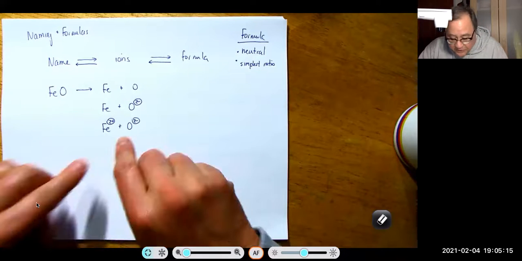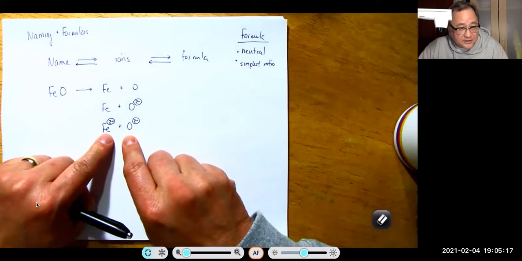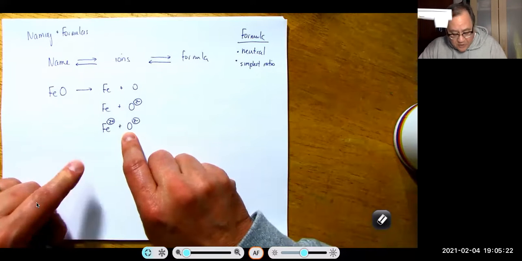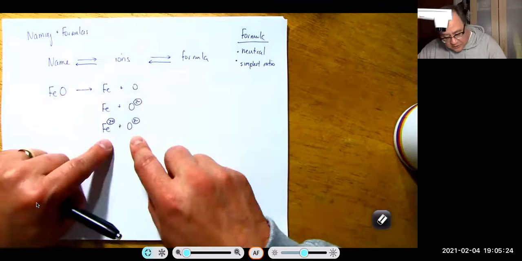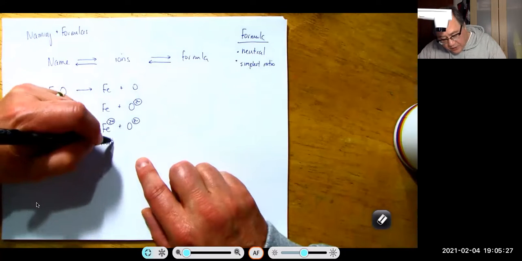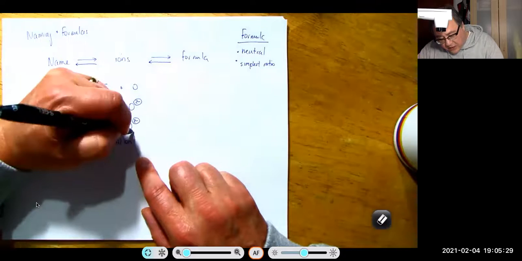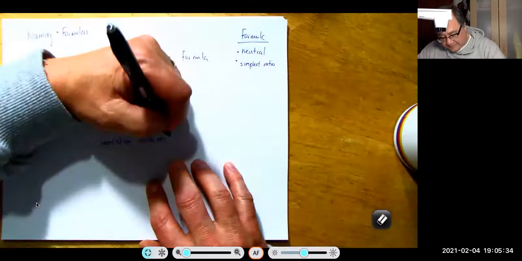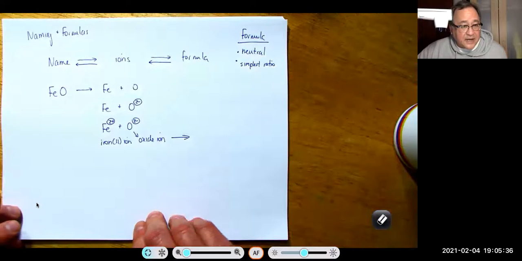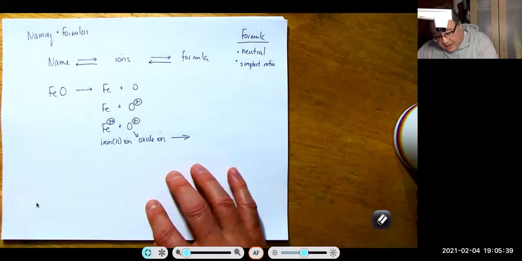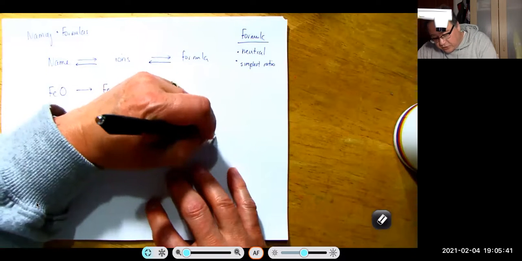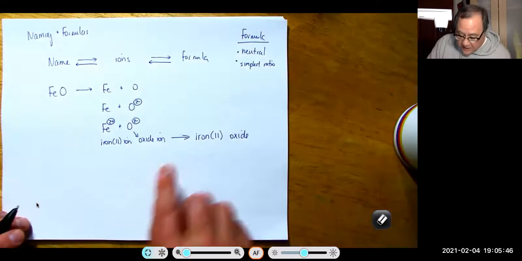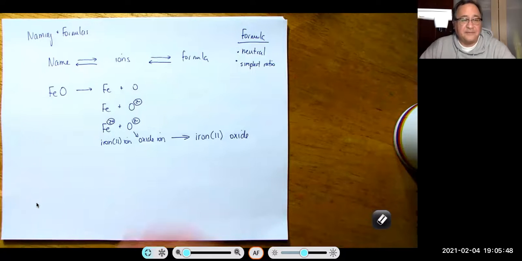We don't get to adjust how many of each. It's 1-to-1, it says right there. So now that we know what the ions are, this one's called iron 2 ion. This one's called oxide ion. And now we're ready to write the name. When you write the name, you write iron 2 oxide. You don't write ion here. It's iron 2 oxide.